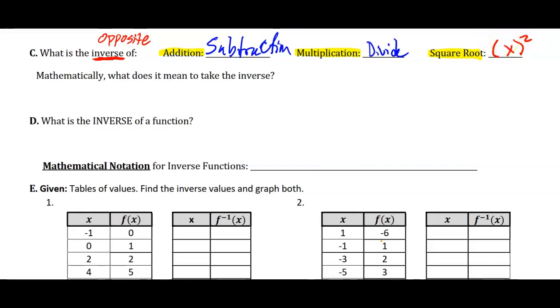So what does it mean to take an inverse? Well, essentially what it means is if you combine two operations, they undo each other.